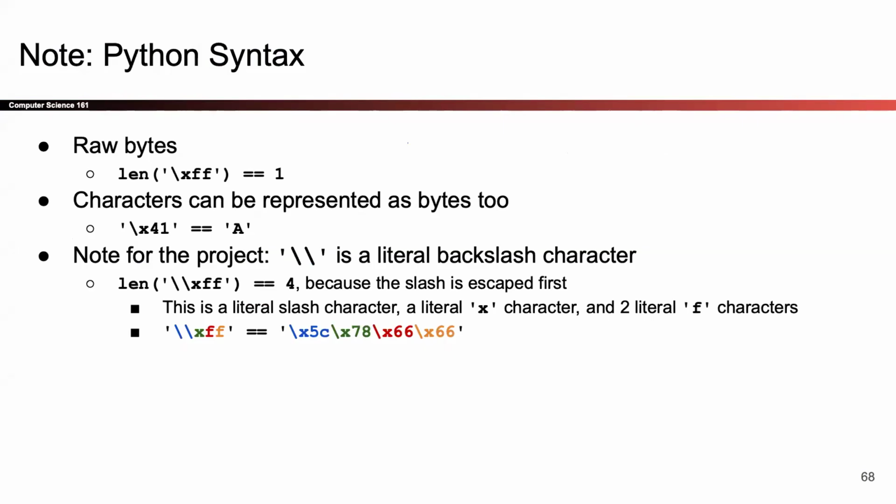And as a reminder, in Python you can write byte values with \x followed by a byte value in hexadecimal. That lets you put arbitrary bytes even if they're not easily representable in ASCII or you don't know what letter they correspond to. So this is a way that we can represent arbitrary byte sequences too.